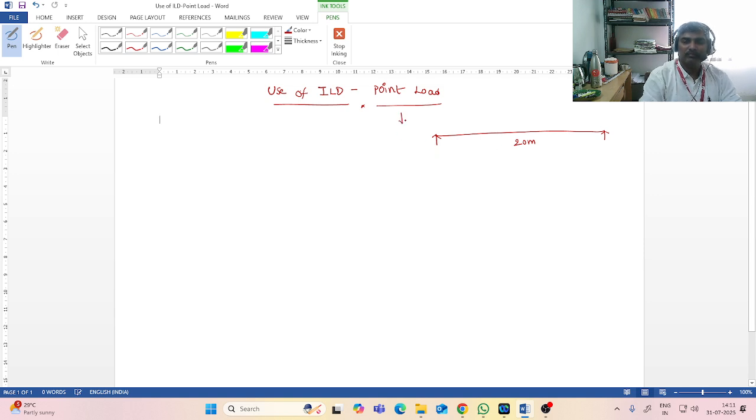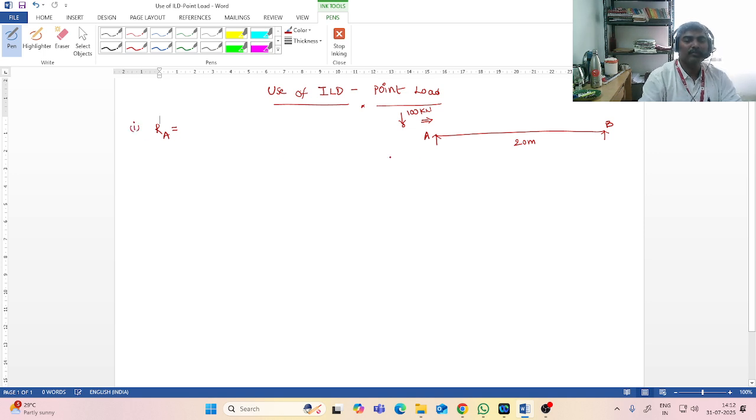Let a single point load, maybe of 100 kilonewton, be moving on this girder. The ends of the girder are A and B. Now, my intention is to find the reaction at A.